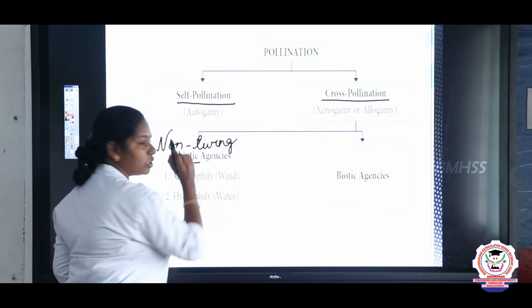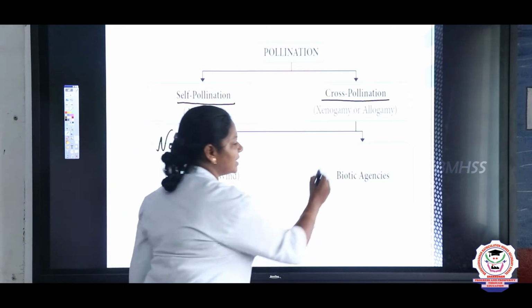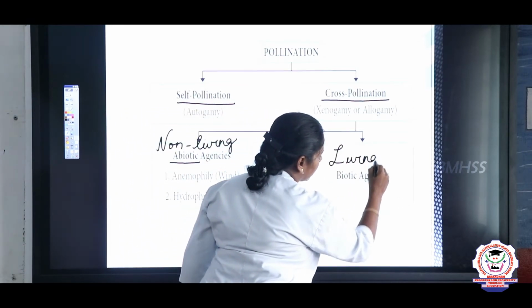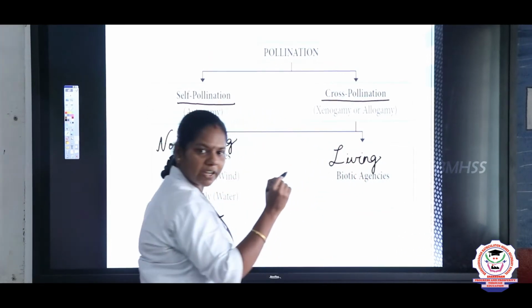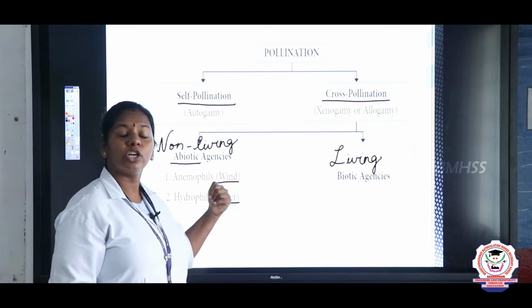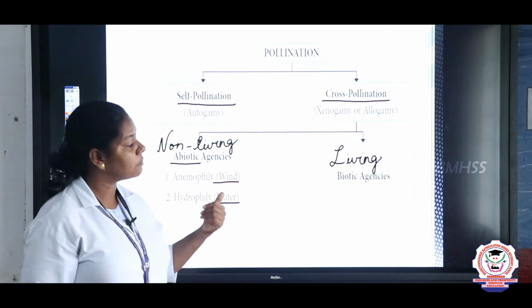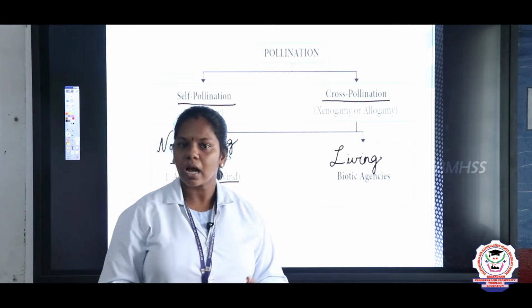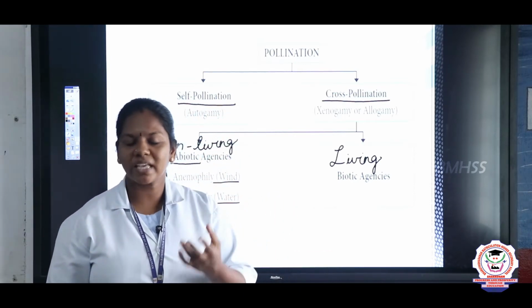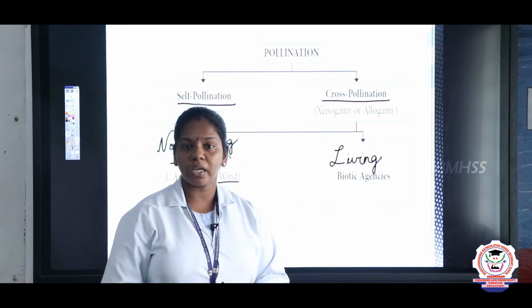Biotic means living. So, what are the non-living factors, children? Wind, water, right, such factors come under the non-living factors, and living ones are birds, animals and insects such as bats, bees, butterflies; everything comes under the living factors.